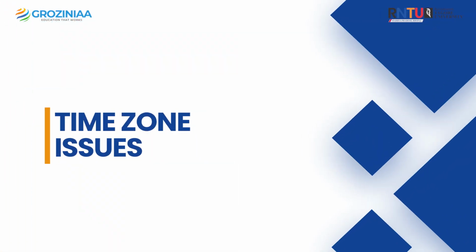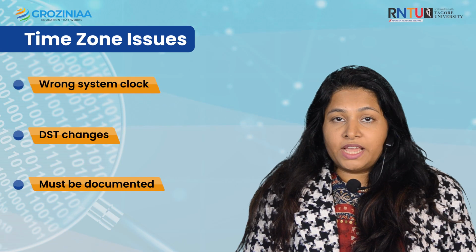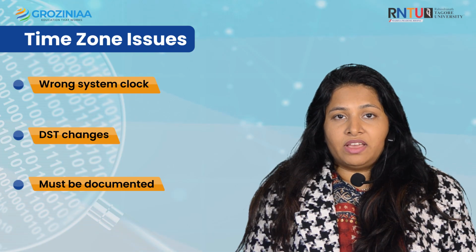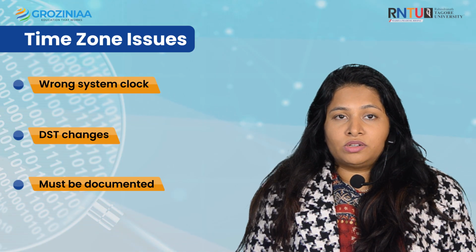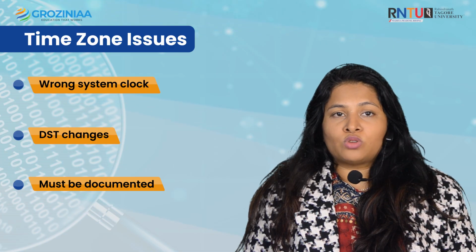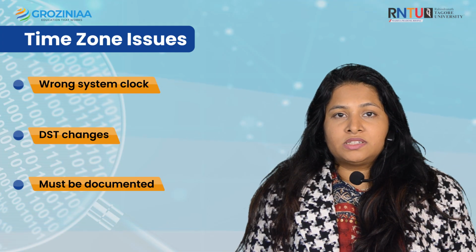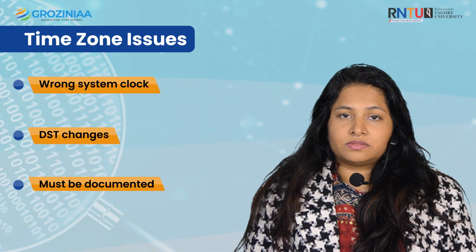Next are time zone and clock issues. System clocks may be incorrect. Time zones may change. Daylight saving adjustments can disorder timelines. Investigators must always document time settings and account for discrepancies during reconstruction.